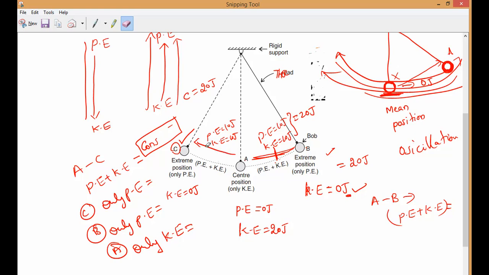They will give you the energy at the extreme point or mean point, and ask you to find the energies at the remaining points. So we can develop numericals from this also, and we will practice that. This is the example by which we study the law of conservation of energy with the help of a simple pendulum.